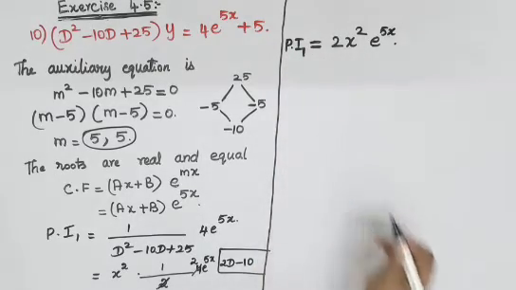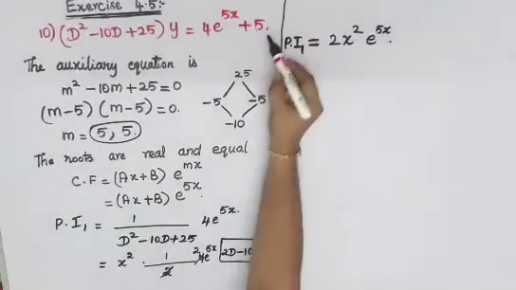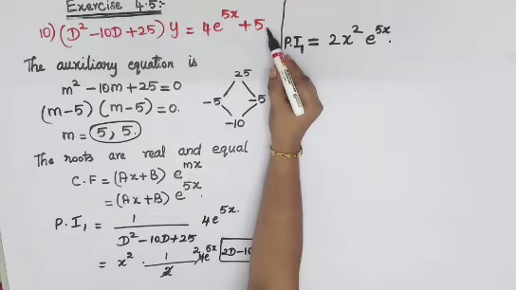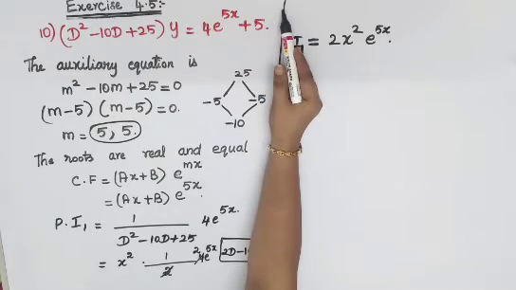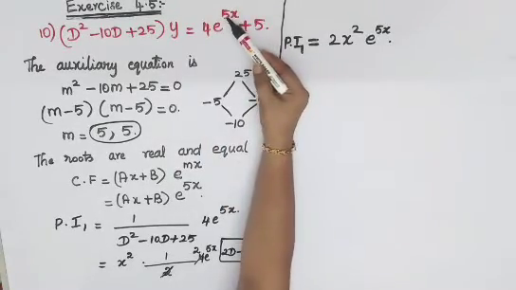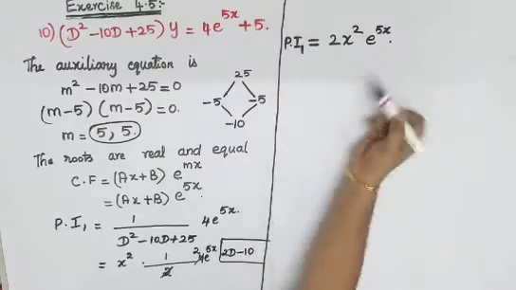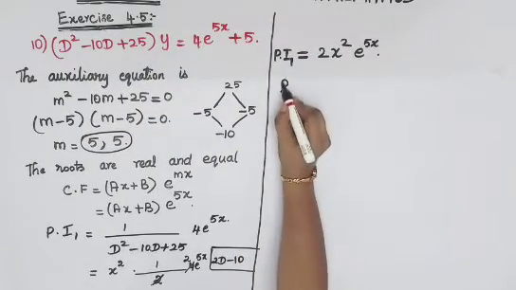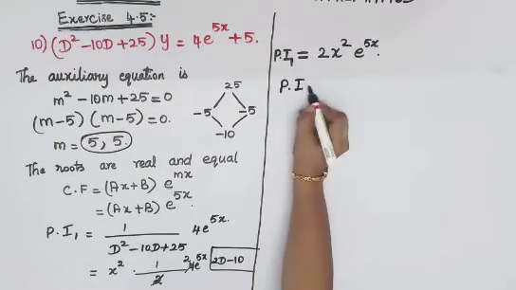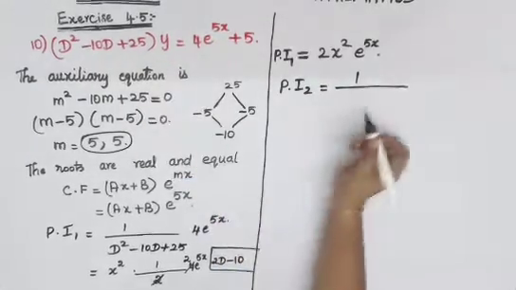Then we'll have to go to your PI2. So PI2, they have given the term only 5 over there. But we need the e power term, isn't it? E power, whatever is there, the coefficient of that only we will have to substitute. So here we had 5 over there, so we can go for substitution with 5. But here nothing is there, so what you will have to do? Next we will have to find PI2. That is equal to 1 divided by, your question as it is without your y.